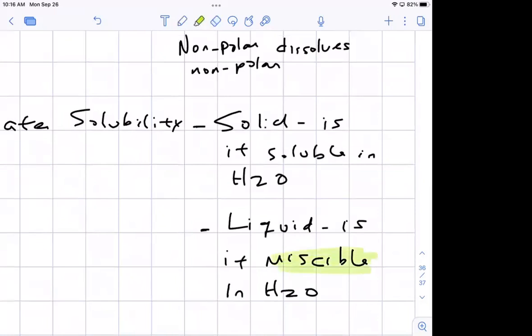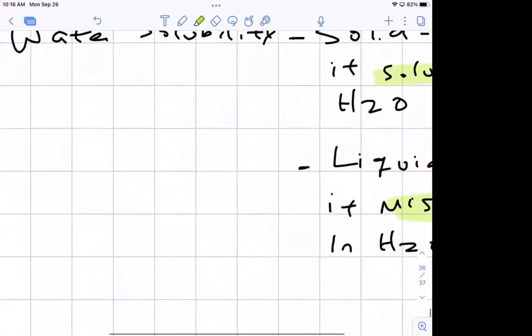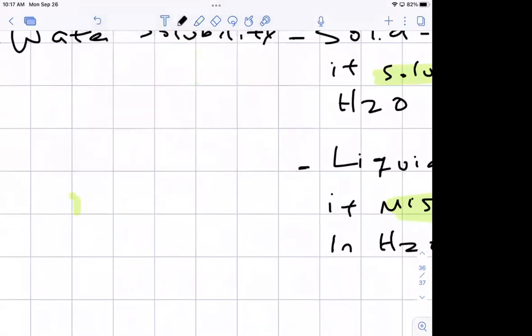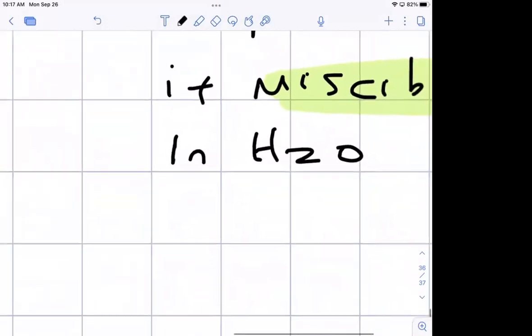Right, if it's miscible, that means the two liquids come together and make a solution. Right, everything is not miscible. So if it's immiscible, then you're going to end up with two layers.